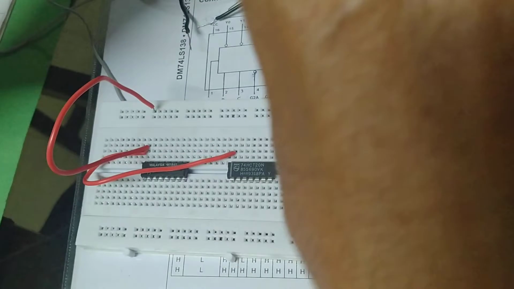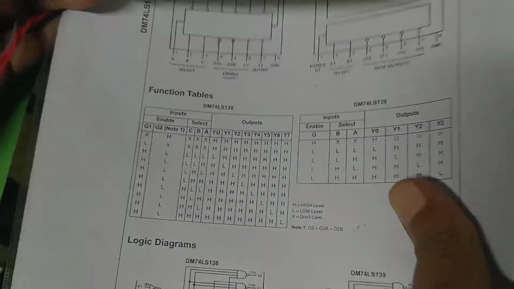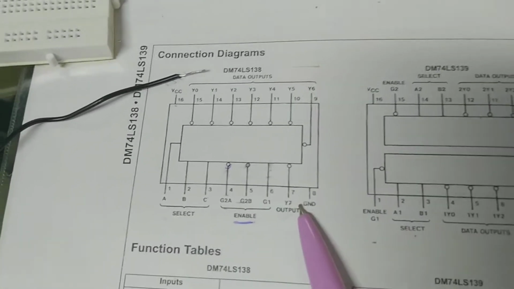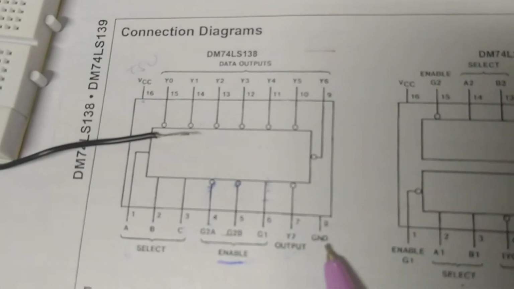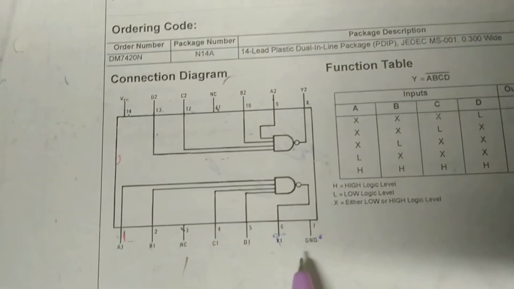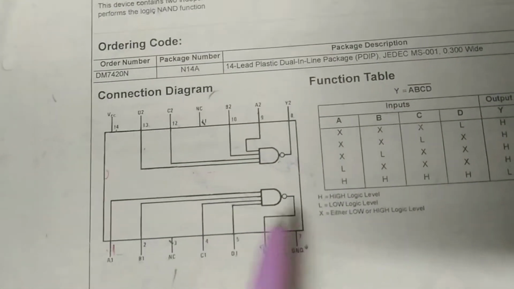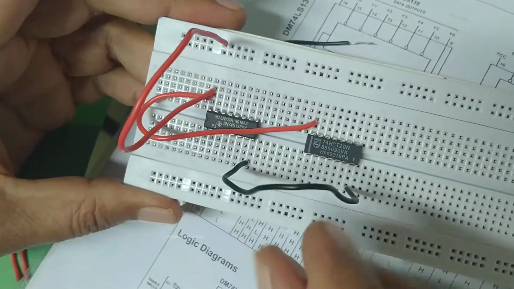Similar way, you connect this ground to this ground. You can see over here in this diagram. In the data sheet of this 74138, this 8 terminal is ground. And in the 7420, terminal 7 is grounded, and this 7 and this 8 are connected together.